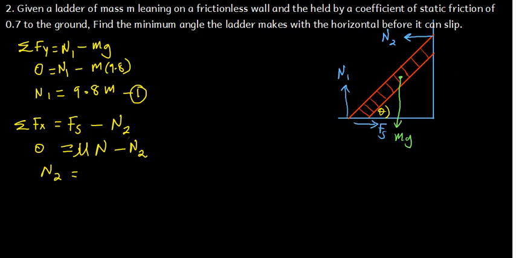So if I take N2 to the other side, N2 is going to be equal to the coefficient of static friction times the normal force. But how do we get to find the normal force? The normal force is also given by mg. So N2 therefore is going to give us mu, which is 0.7, and then m we don't know, we know g, which is 9.8.